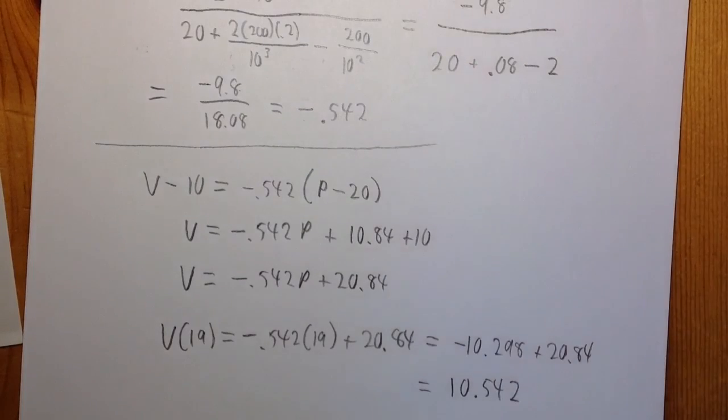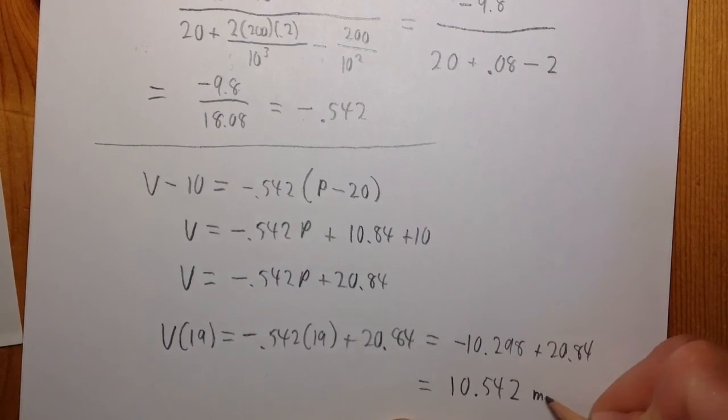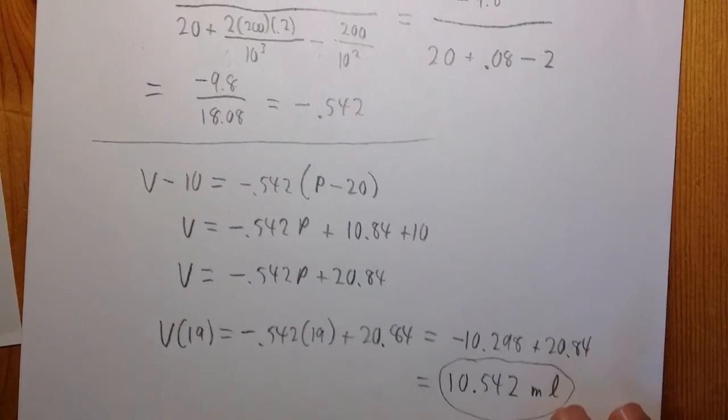So the volume is 10.542, and we're dealing with milliliters, so we should put units there: milliliters. And that's the answer they got too, so good for them, they did this one right.